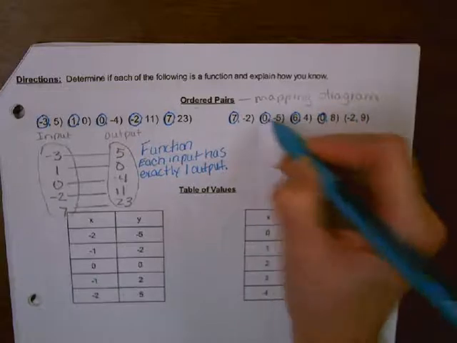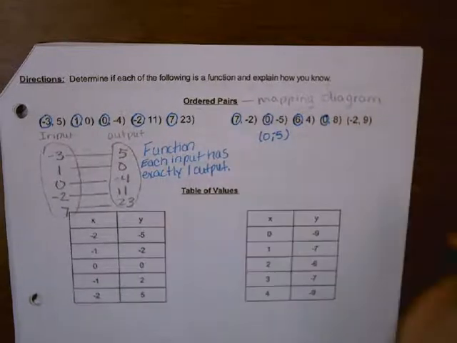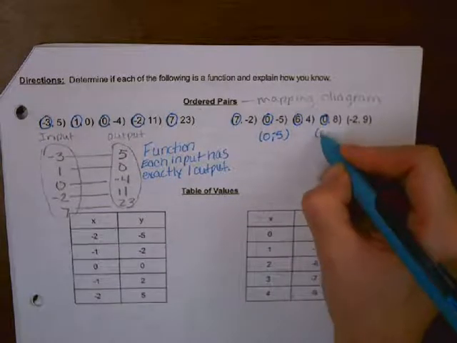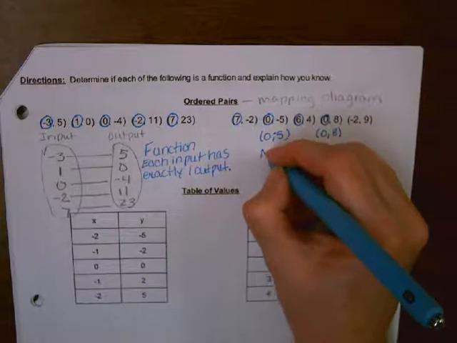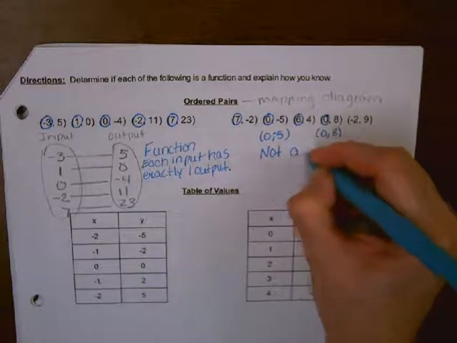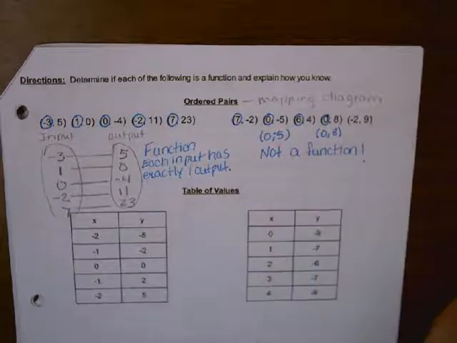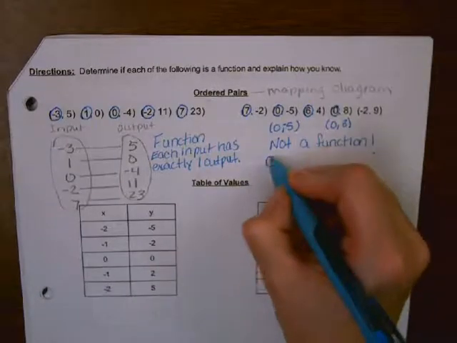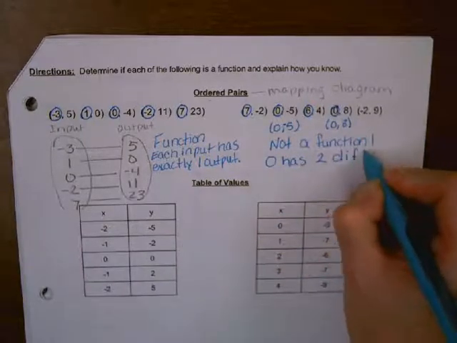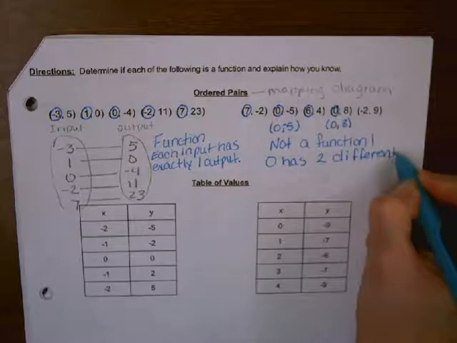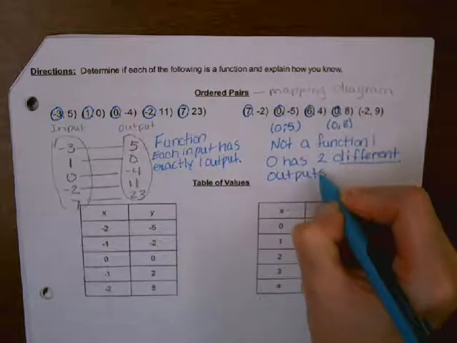Over here, this 0 is paired with a -5, but this 0 is paired with an 8. I can stop. Not a function. The 0 has two different outputs.